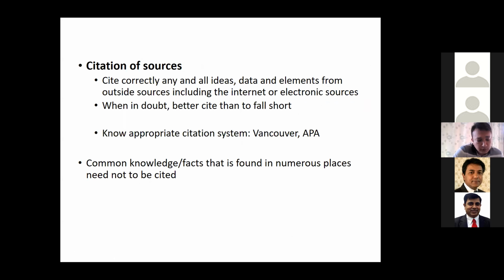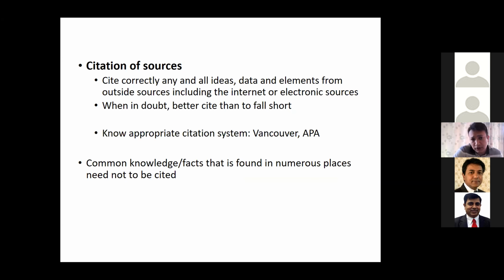Now, another very, very important point is citation. Whatever ideas or information you have got from the previous sources, you have to cite it correctly. It may be ideas, it may be data, or as I've said, it may be photographs, figures, or tables, including free internet resources or electronic resources. You have to cite it.